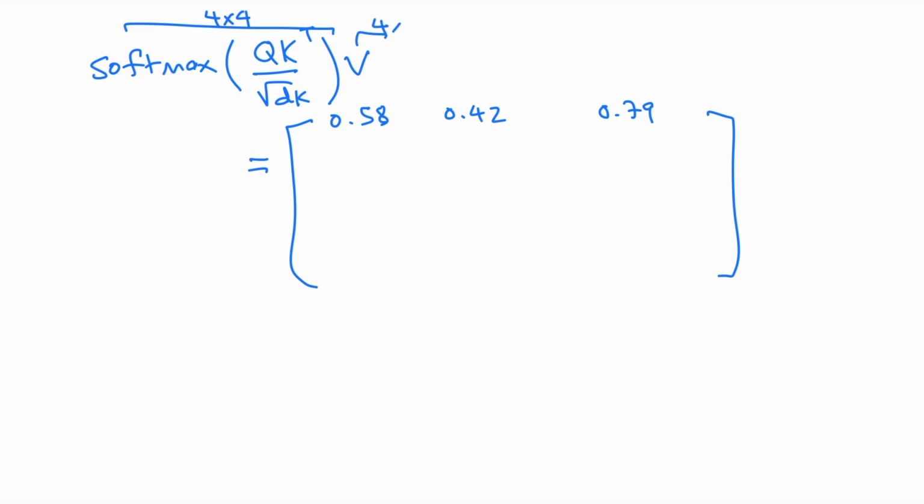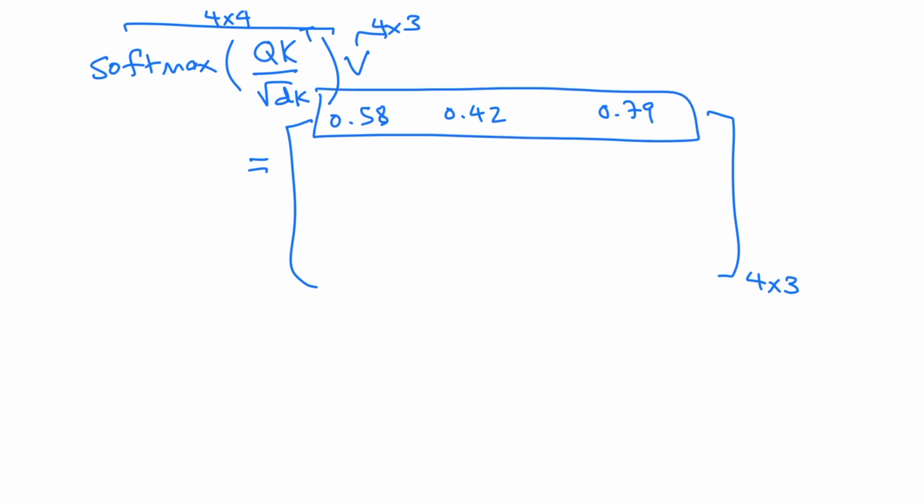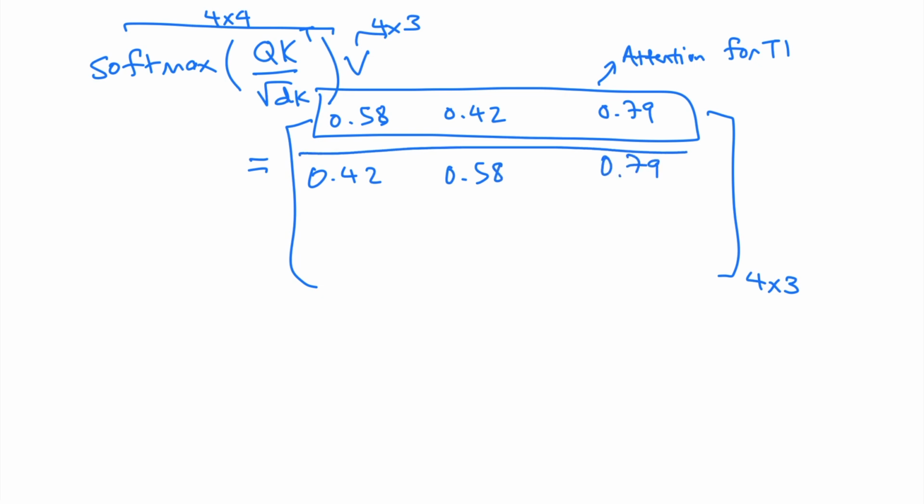And in terms of dimensions, this makes complete sense because what we have in the softmax of QK transpose scaled by the square root of dk is a 4x4 matrix, right? It has all those dot products. And then the V matrix is 4x3, so the result is 4x3, which means that each row is the attention output for that token.